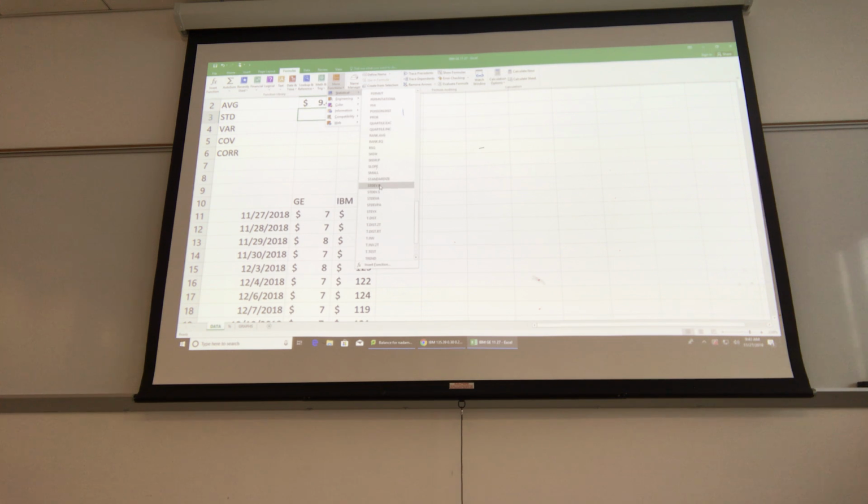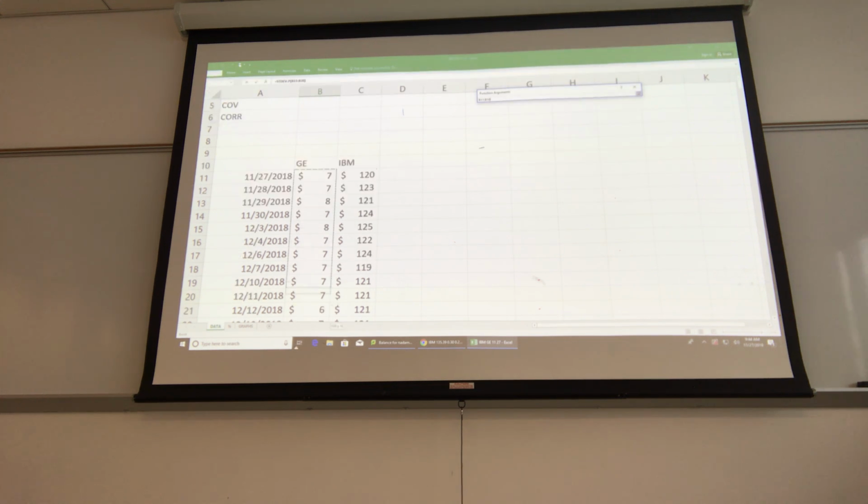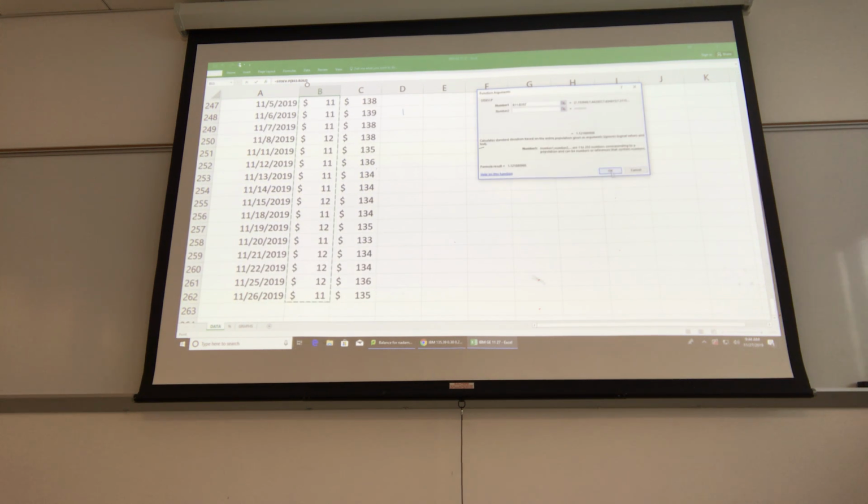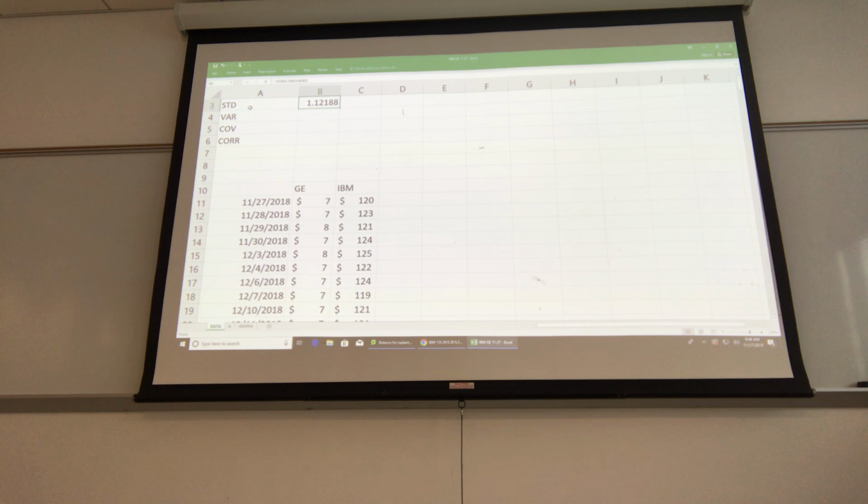I'll have it here for all of my data, and I'll get my standard deviation of the population. I will specify this is the standard deviation of the population. And as I have that data, I will put the standard deviation of a sample.